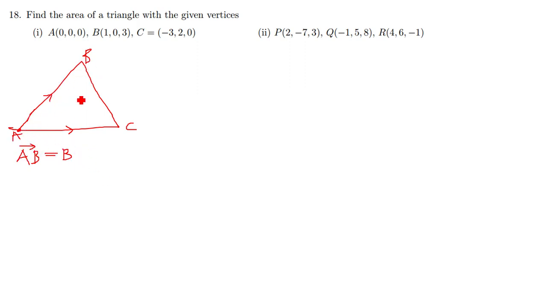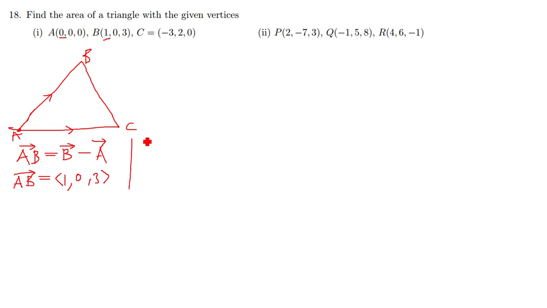The terminal there will just be B, the initial will be A. So this is just going to be B minus A. So my AB is going to be, we subtract, 1 minus 0, we get 1. This now becomes a vector, so the brackets will change. So 1 minus 0, we get 1, 0 minus 0, we get 0, 3 minus 0, we get 3.